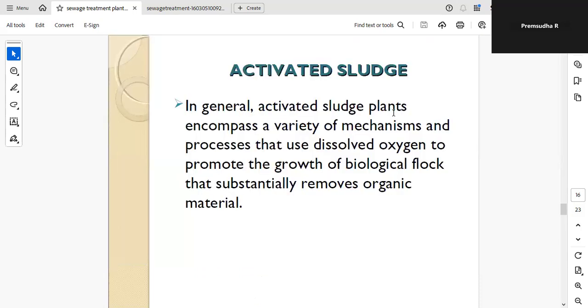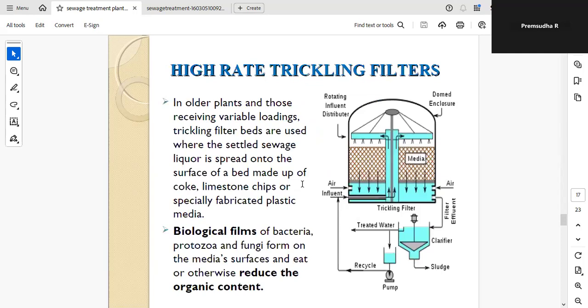Activated sludge plants encompass a variety of mechanisms and processes that use dissolved oxygen to promote the growth of biological flora and remove the organic material. And this is the trickling filter. For plants receiving variable loadings, trickling filter beds are used, where the settled sewage liquor is spread onto the surface of the bed, made up of coke.